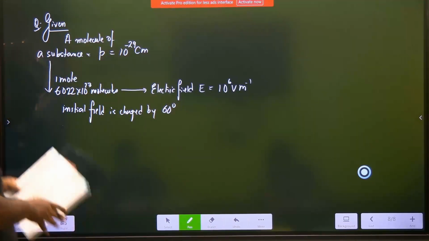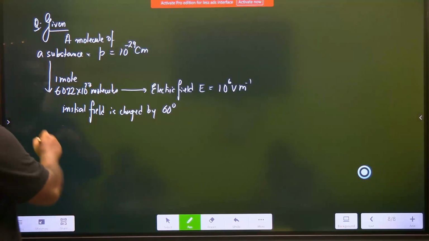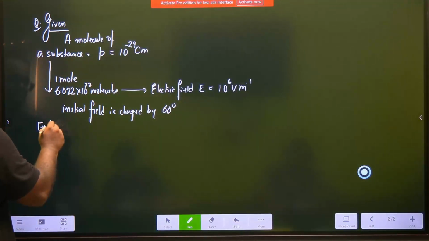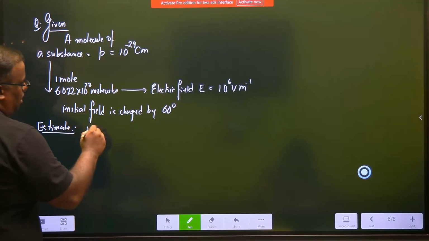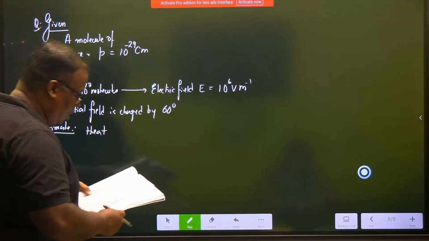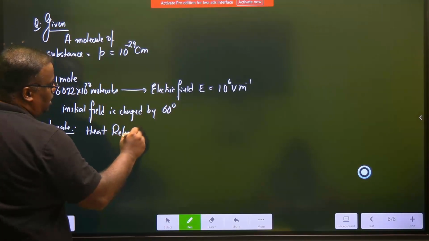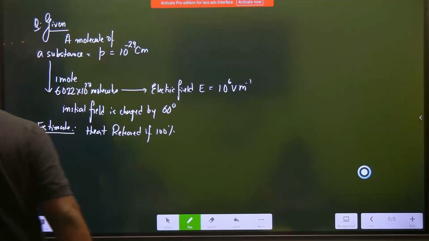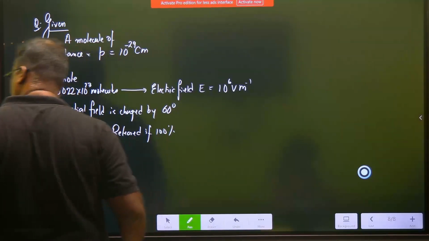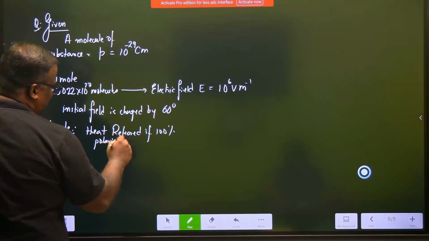So you have changed the electric field by 60 degrees. You have to estimate the heat lost, heat released, heat dissipated, if 100% polarization took place. Let's first understand the words.